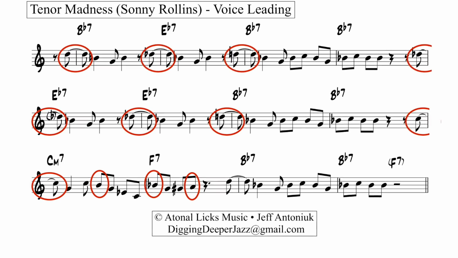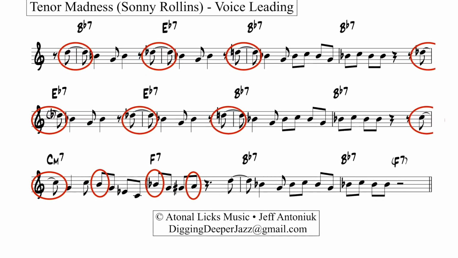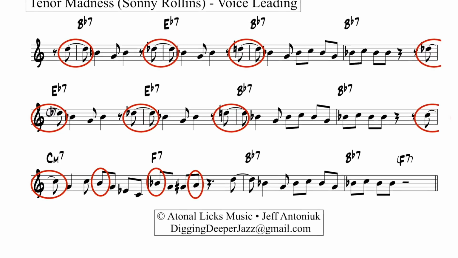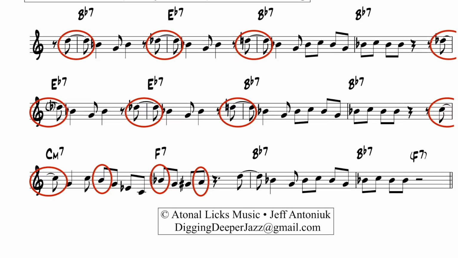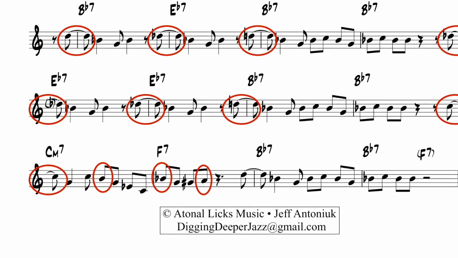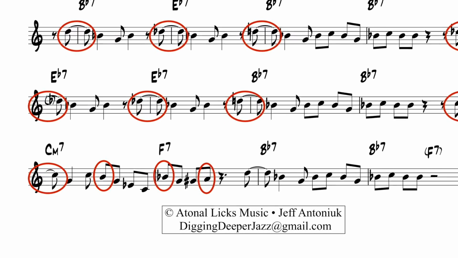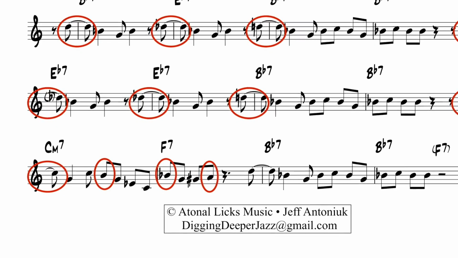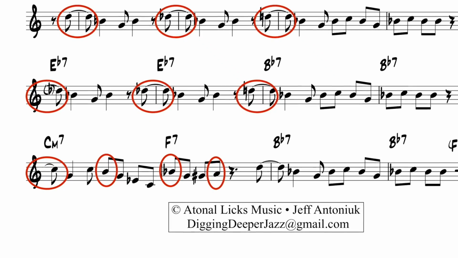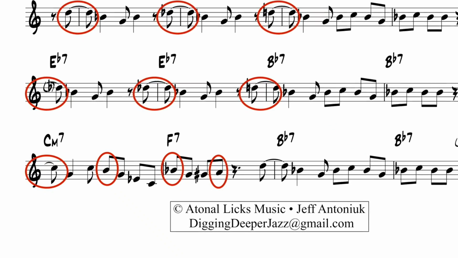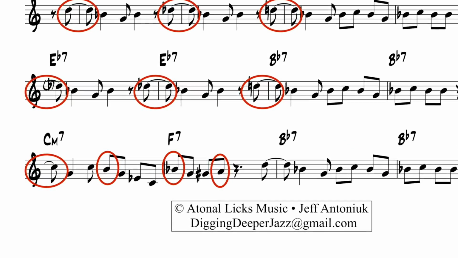So what I want to show you here, the last thing for today, is Sonny Rollins did something very interesting in the last four measures with this line. Measures 9 and 10 of the melody.